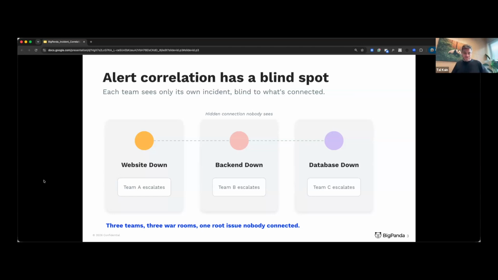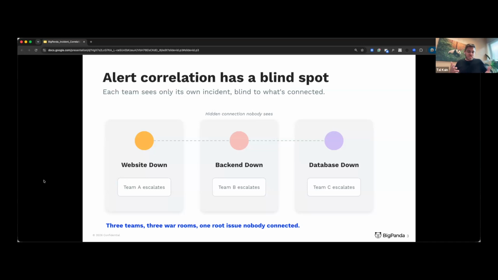Now, in our case, for example, if I am part of the database team or the backend team, I will be escalated, and team A in the website team will be escalated, and the database team will also be escalated. Now, all these correlations, if I understood while I'm in the backend team that the database team is actually the right one, I will communicate with the right team instead of just jumping into a problem.